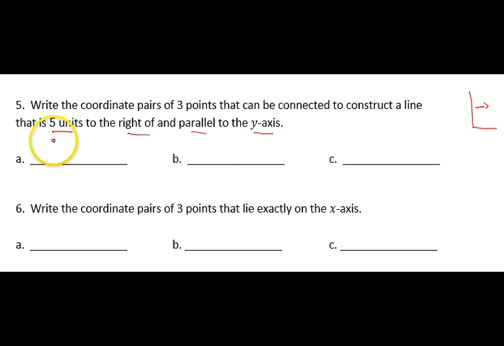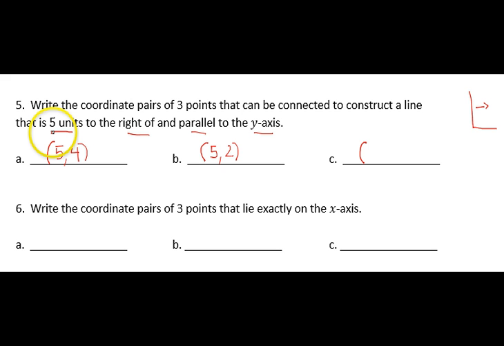So for example, one of my ordered pairs could be 5, 4. That means I'm going to travel 5 units over on the x-axis and up 4 units. Another ordered pair could be 5, 2. I would travel over 5 units and up 2.